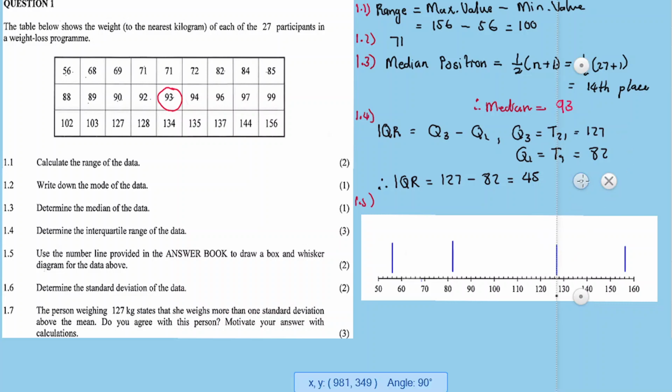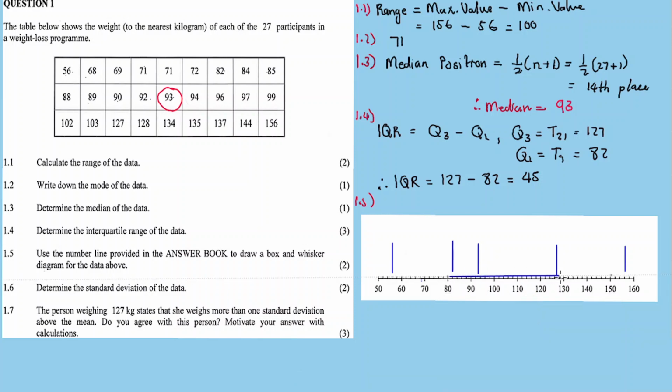And then the median, Q2, 93, 92, 93 somewhere here. Then we come back and draw an angle of 0 so that I can draw the boxes.